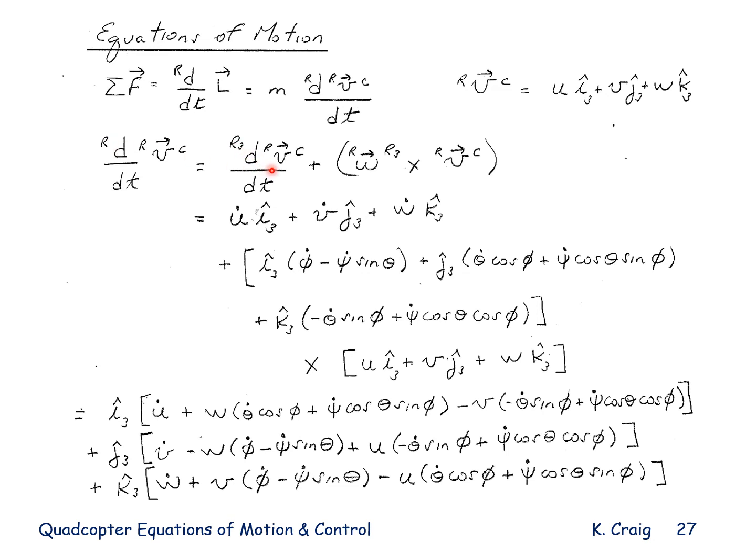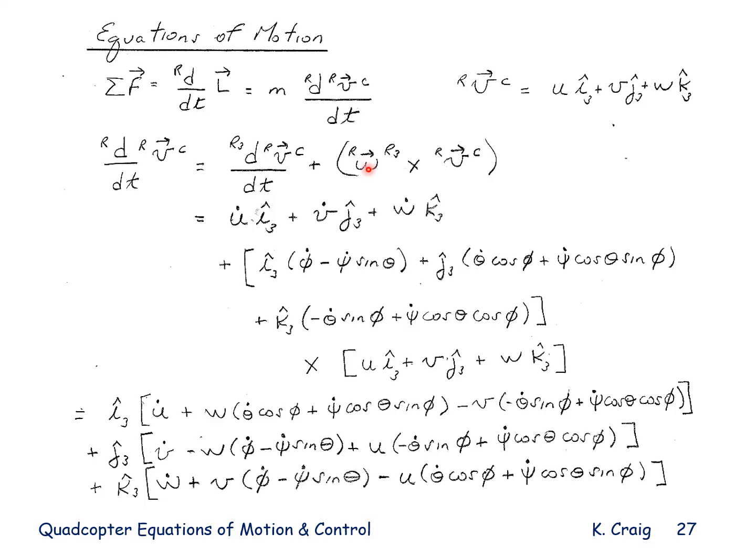If I substitute in for this first term the absolute velocity of the CG, which is this expression, I note that I3 hat, J3 hat, K3 hat are fixed in the R3 reference frame. So they have no derivatives in the R3 reference frame. And so this derivative is equal to U dot I3 hat plus V dot J3 hat plus W dot K3 hat. Then I substitute in for the absolute velocity of the quadcopter.